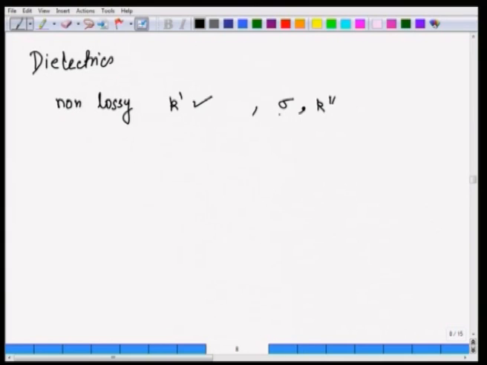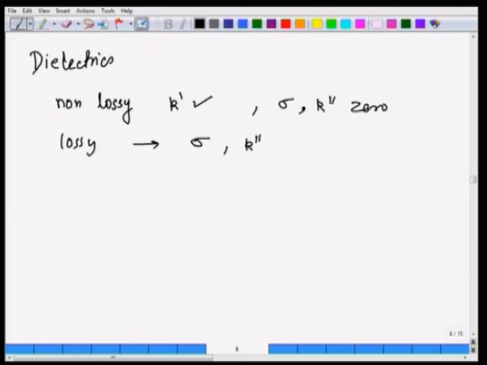This sigma representing conductivity would be 0. And if it is lossy, then we will have either some DC conductivity or some AC conductivity, or the loss part of the dielectric would lead to some energy loss. If that is the case, then let us look at either way.